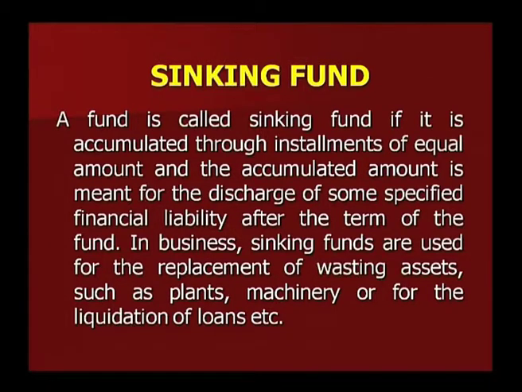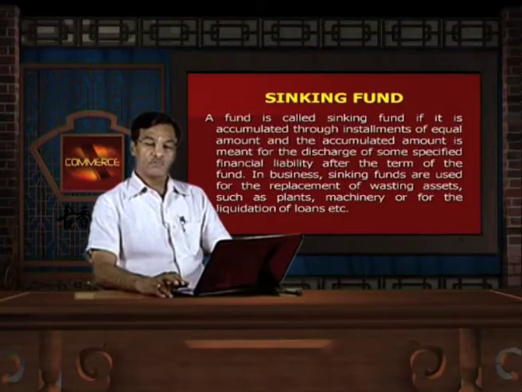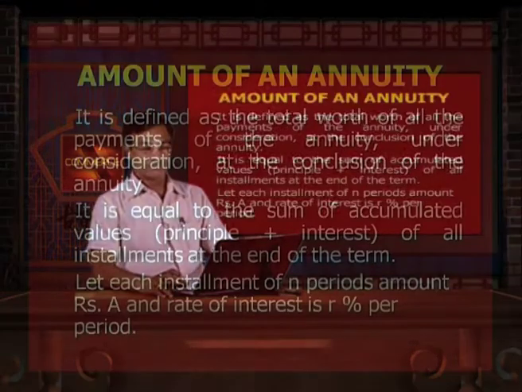In business, sinking funds are used for replacement of wasting assets such as plants, machinery, or for the liquidation of loan, etc. The sinking fund is generated by depositing some amount for a particular purpose. Now, I am going to explain the present value of annuity.